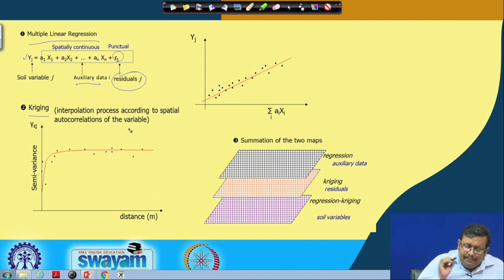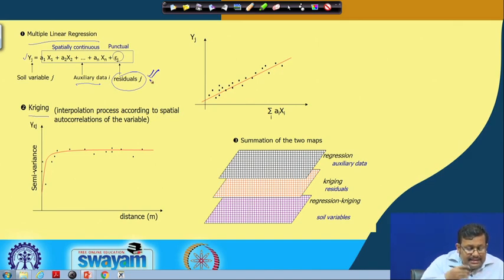First they use these A1, X1, A2, X2, An and Xn to predict a particular soil property, in our case copper, and then they use the residuals separately for kriging, which is an interpolation technique.